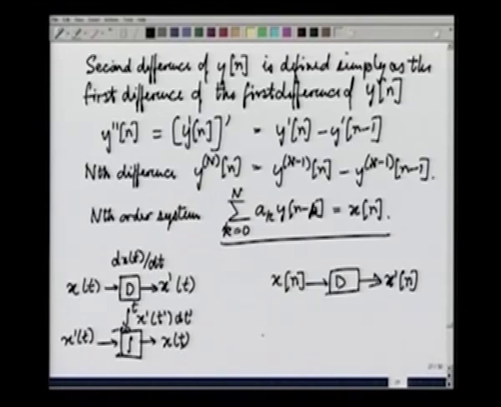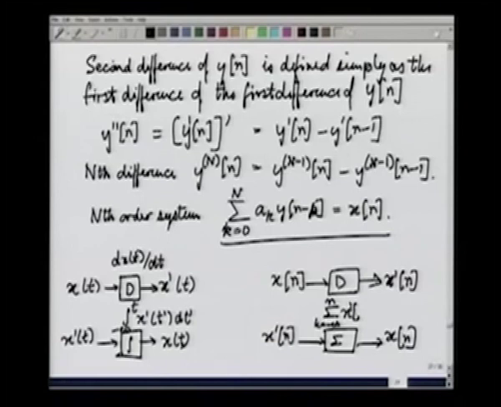If you want to apply x dash n to a system that returns x n, then what you really need to do is to write this over here, where this actually signifies a summation from k equals minus infinity to n of x dash of k.